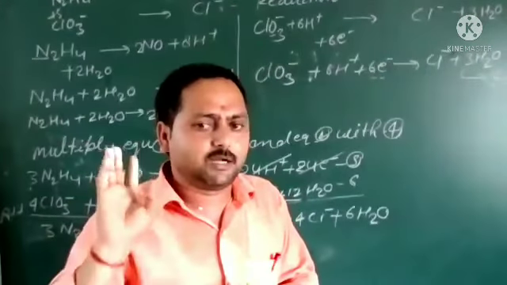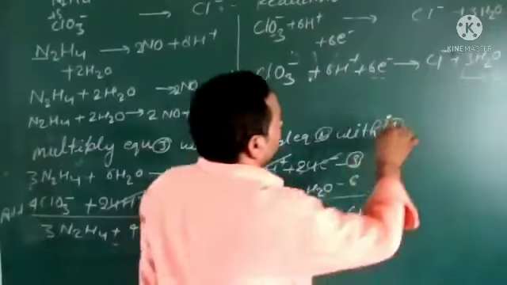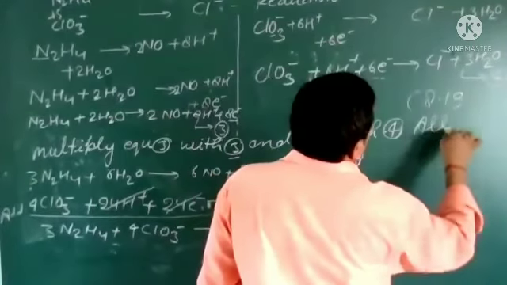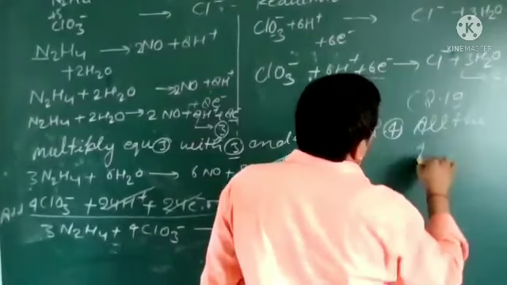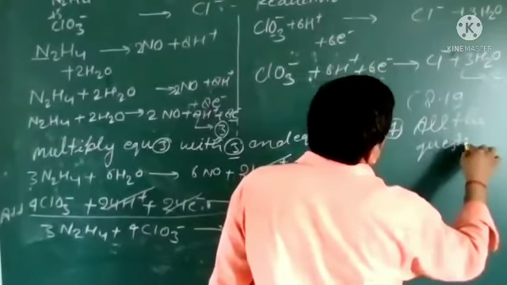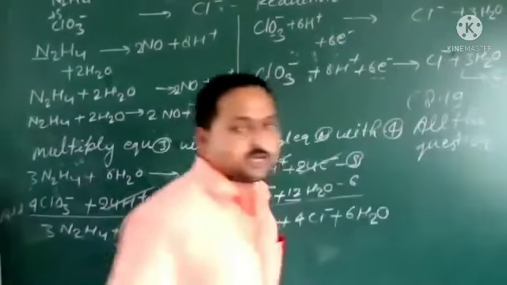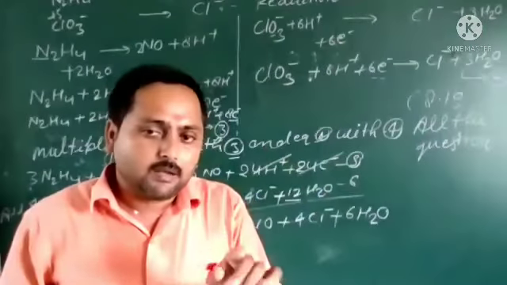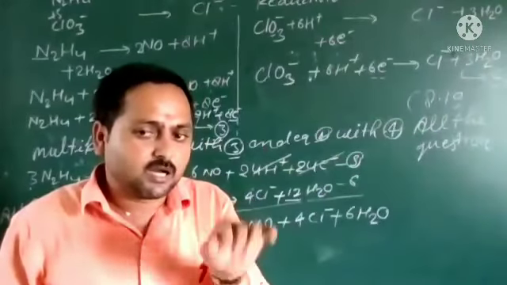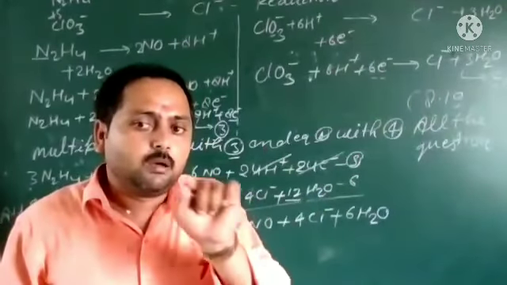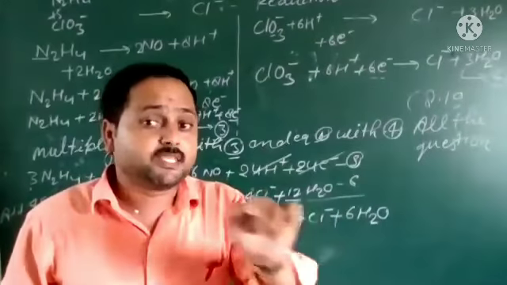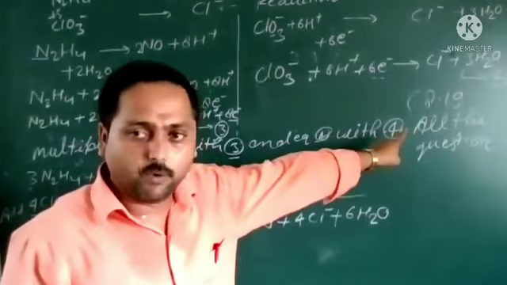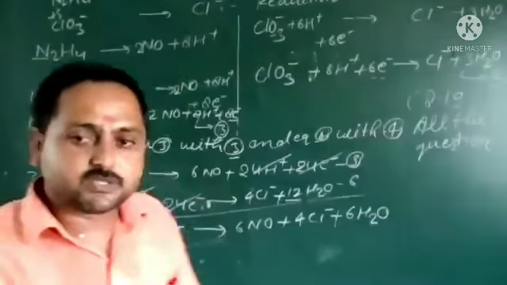So all the portions of question 8.19, you have to solve all the questions. The question is long, but you solve that by the ion electron method in basic medium. It is mentioned that it is in basic medium, so we'll solve in basic medium. These are the steps you can follow.